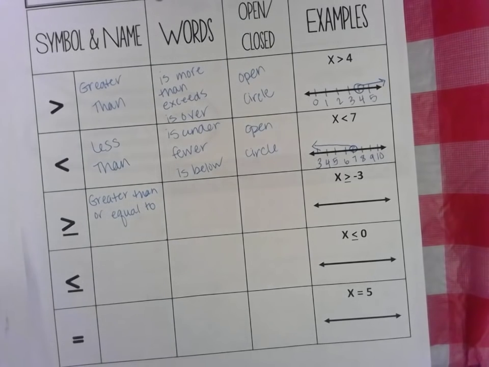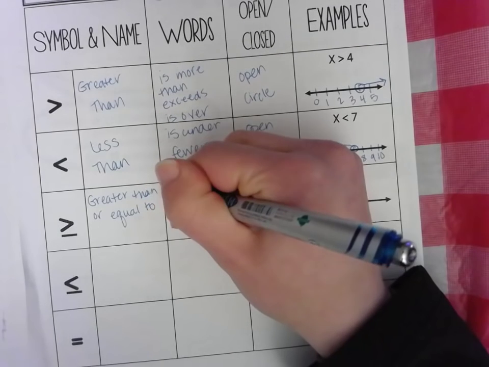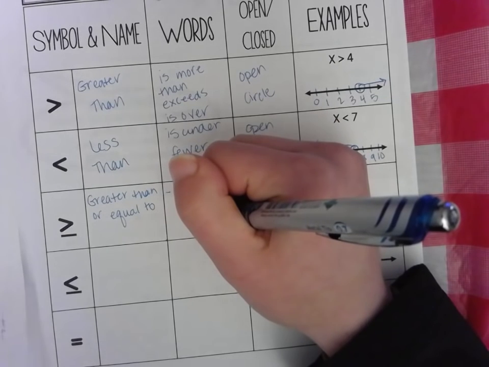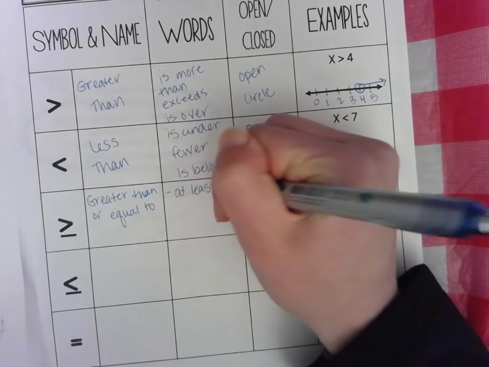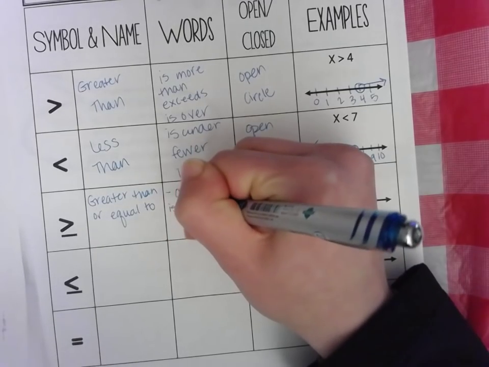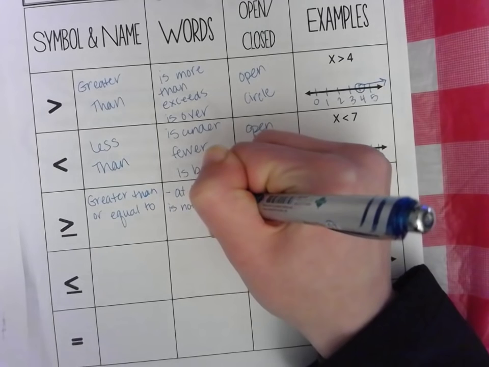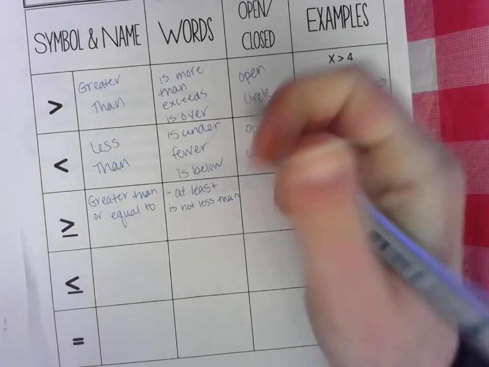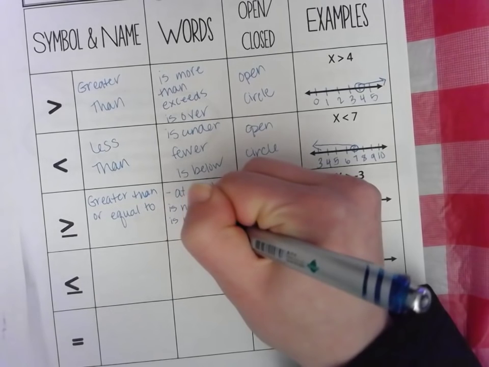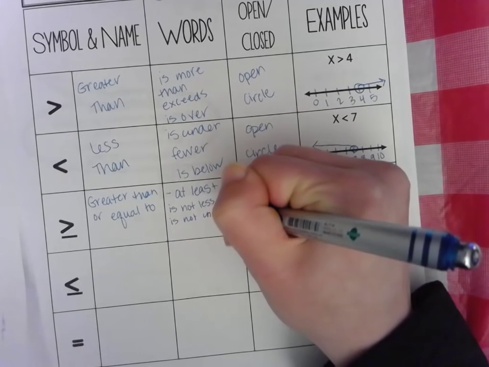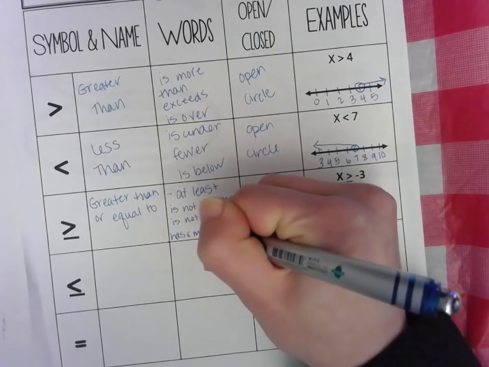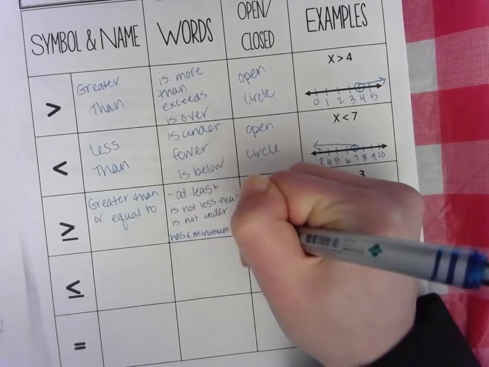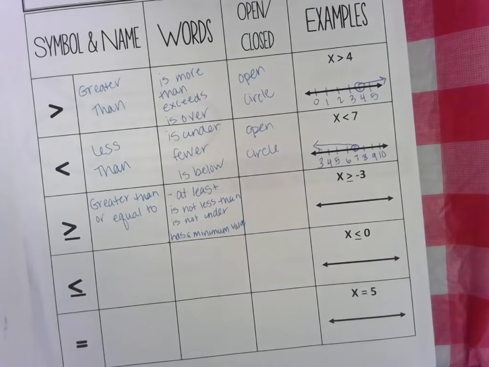And words that you might see involved in number word problems, you'll see at least, is not less than, is not under, and has a minimum value. If something has a minimum value, you know that the value has to be greater than that minimum value.